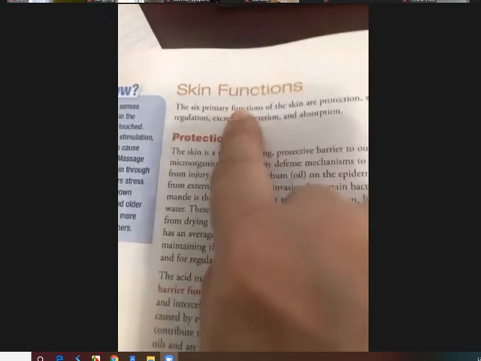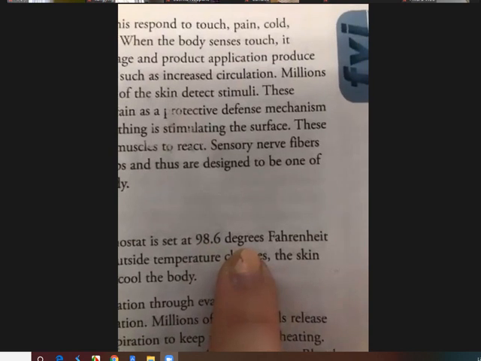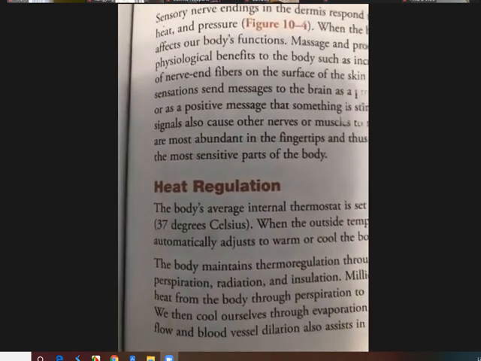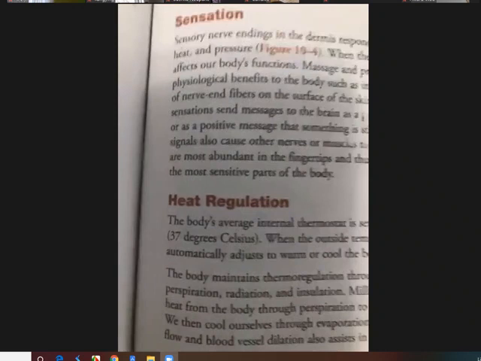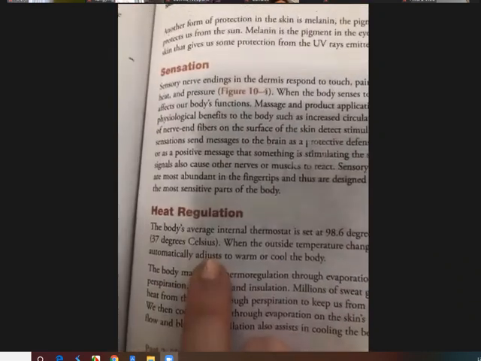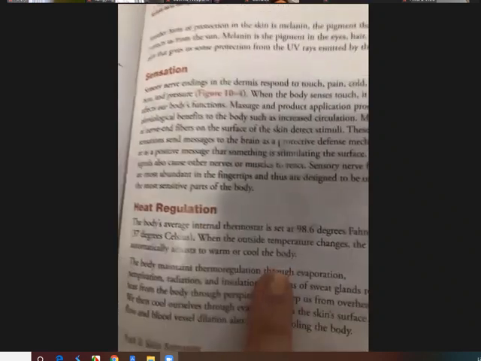Now, the third function. Remember our skin has 6 functions. Function number 3 is heat regulation. Our body's average temperature is 98.6 degrees Fahrenheit or 37 degrees Celsius. When the outside temperature changes, the skin automatically adjusts to warm or cool our body.